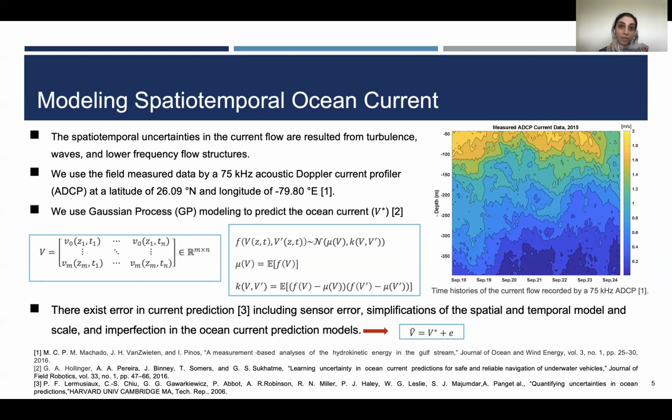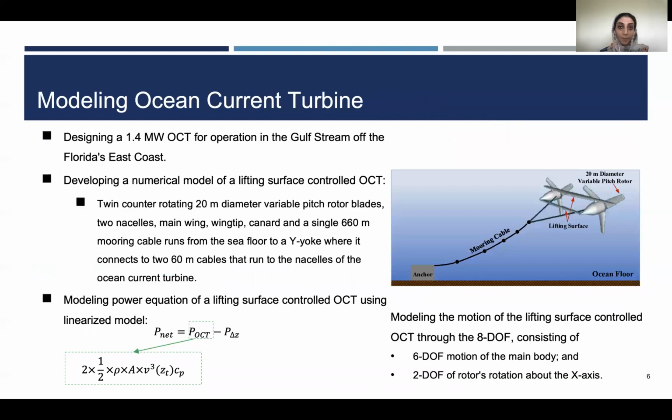The ocean velocities are recorded in the Gulf Stream, and we use Gaussian process modeling to model this data and then predict the future data. But we have some error, and we should consider it in our model. This error is caused by sensor error, simplifications in the spatial and temporal models, and imperfection in the ocean current prediction models.